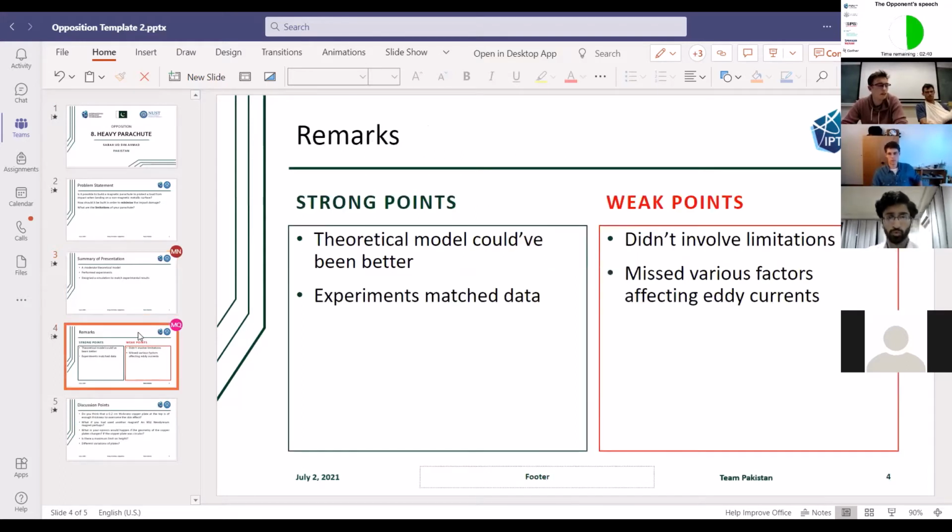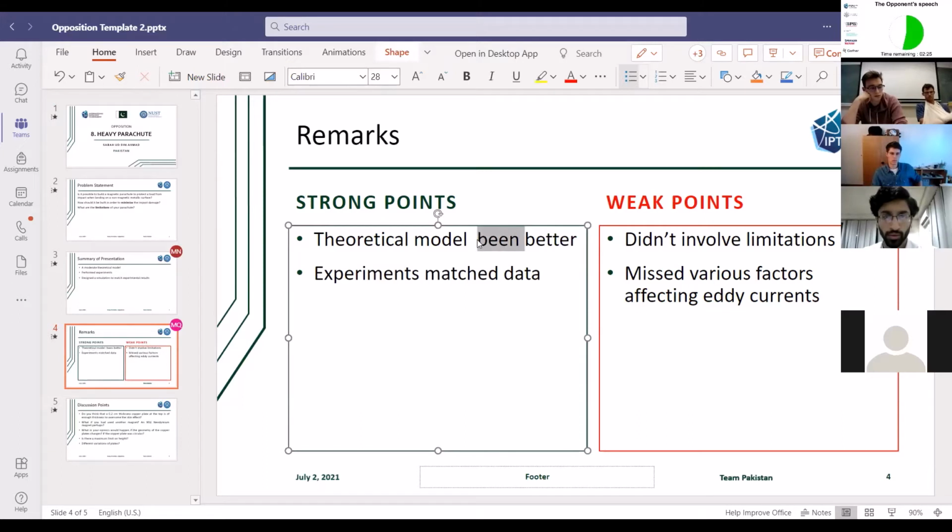Now I would move towards the remarks. I would say that in light of the problem statement, the theoretical model they mentioned, the brief model where they refer to the eddy currents, they also presented an equation, and the aspect ratio of the magnets as well.